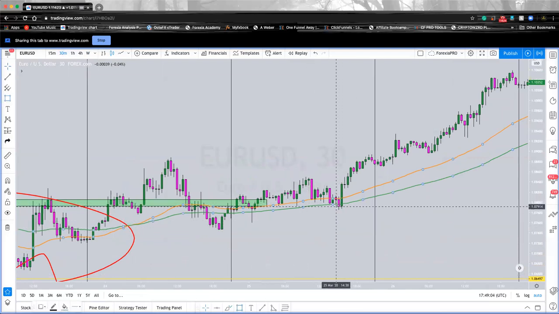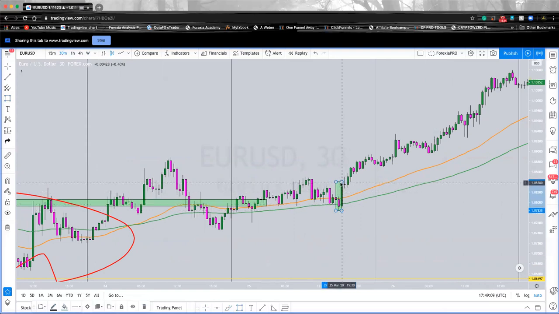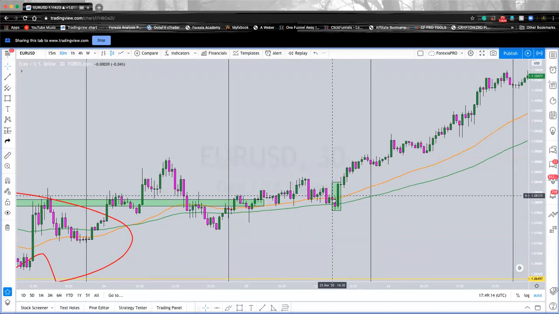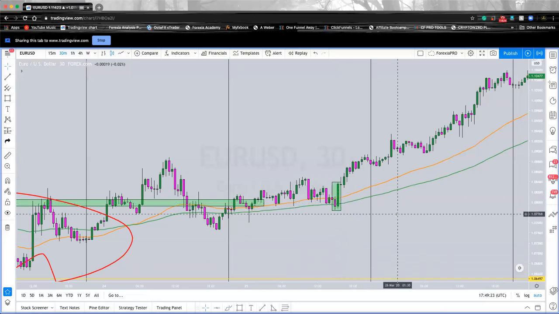This broke it, so I wait to see what the next candle does. The next candle comes right back up. That means in the hourly, this did not break the 100 moving average. So my time frame for entry is 30 minutes. However, if the actual time shows me that there is a possibility that within the hourly candle, close price comes back, I would wait to get a better confirmation.